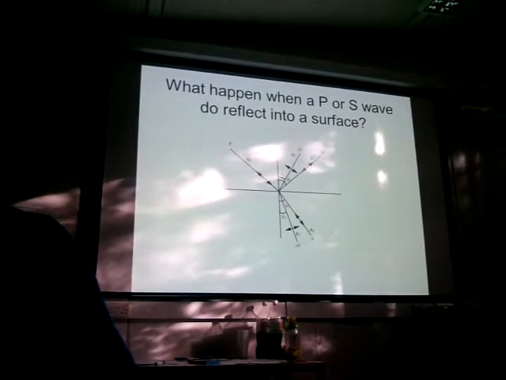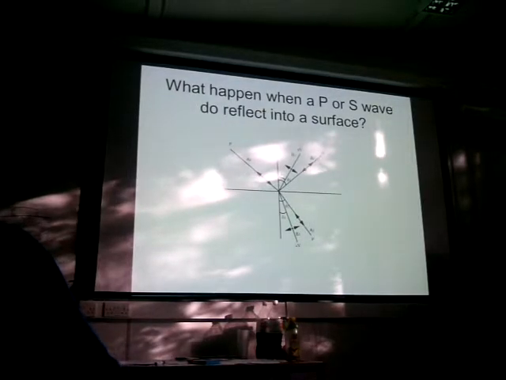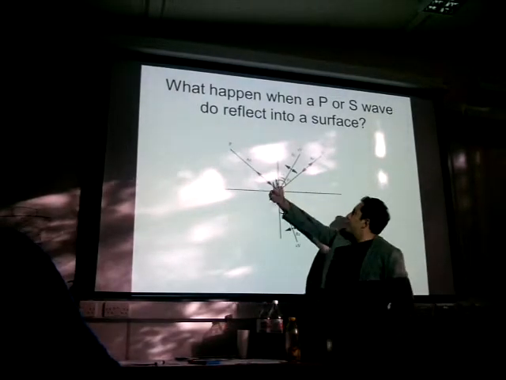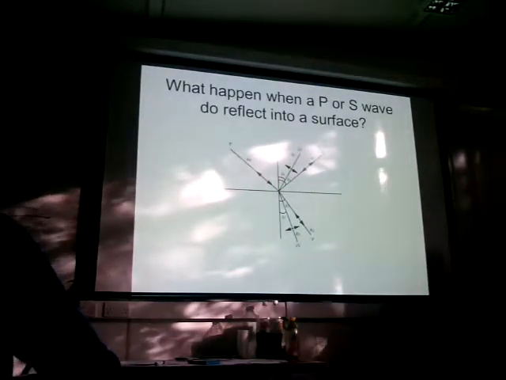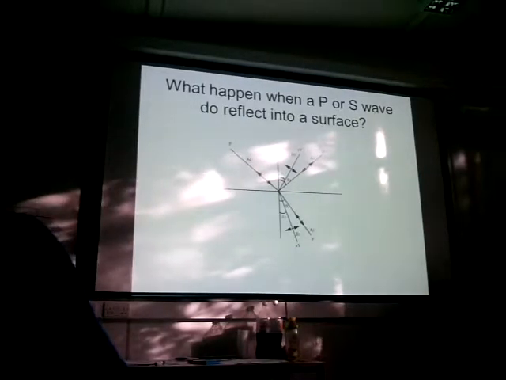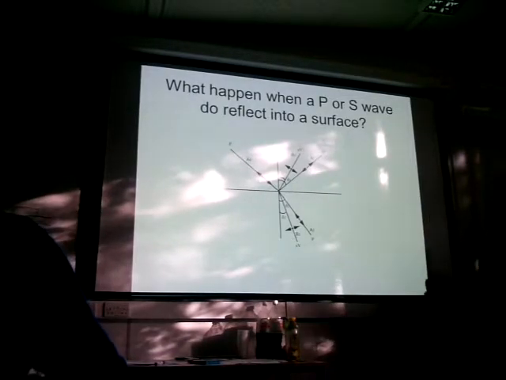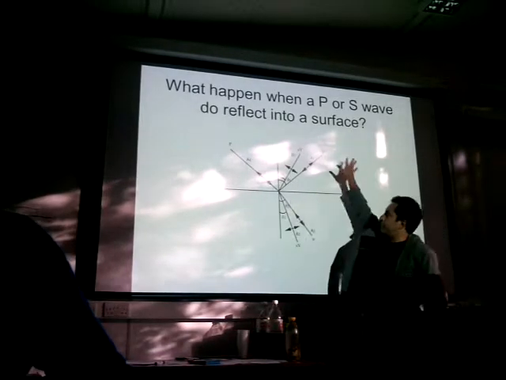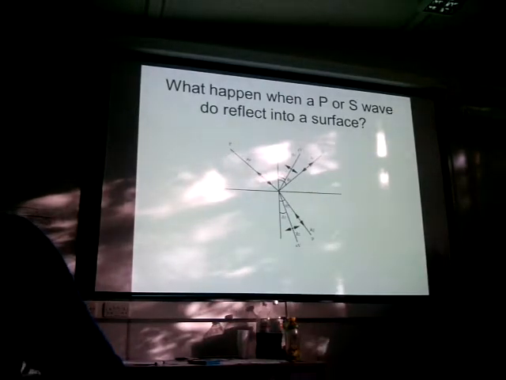As it is a P wave, the direction of vibration is parallel to the propagation. It is reflecting at a generic angle that is different from zero with respect to the normal, so every situation except the orthogonal one. We will see the orthogonal one is a special simple case we will play with. All these kinds of situations produce, in theory, every time I have a P wave at a generic angle, this kind of mass on the other side. The mass can be described in that way.